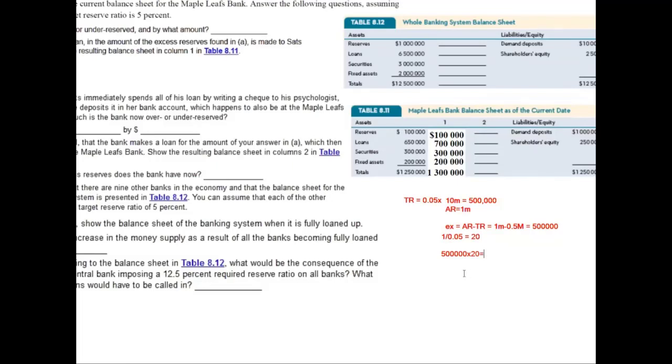Okay, so basically we're going to have on this side, our deposits are going to increase by 10 million. So now we're going to have 20 million here. Okay, and then reserves, nothing changed here, but how many loans did we make? We were going to make $20 million in loans. So this is going to be 1, 2, 3.